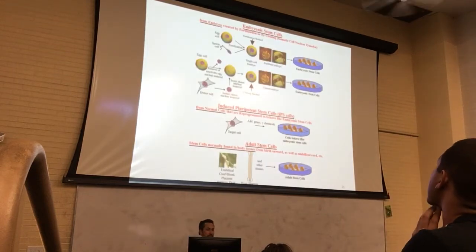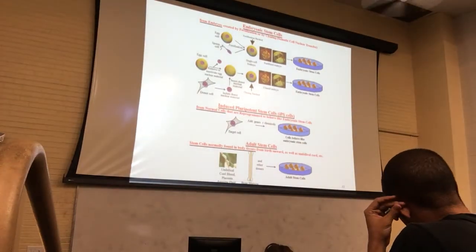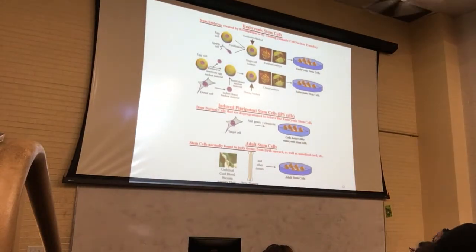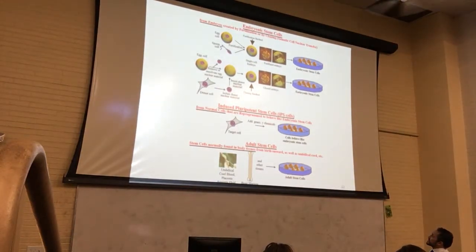Okay? Another slide that kind of describes different iterations of where you can take these cells and how you can utilize them. So here you can see all of the little details. We've got embryonic stem cells. This is by nuclear transfer, right? So, it involves cloning a cell. It involves fertilization that takes place. And you either got a fertilized embryo that grows out, or you've got a nucleus that came from the donor cell inserted into a recipient, and now you have a cloned embryo for the nuclear transfer.